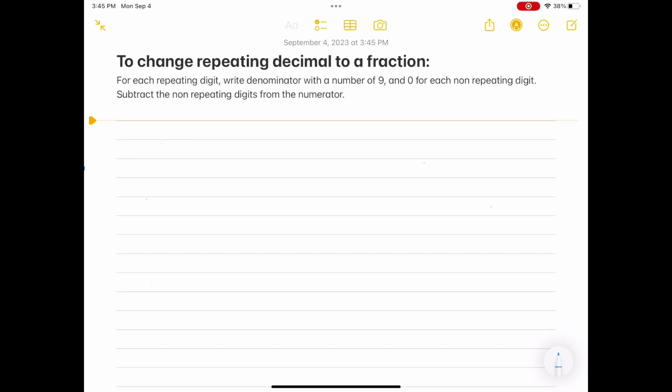To change a repeating decimal to a fraction, for each repeating digit, write the denominator with a 9, and a 0 for each non-repeating digit.